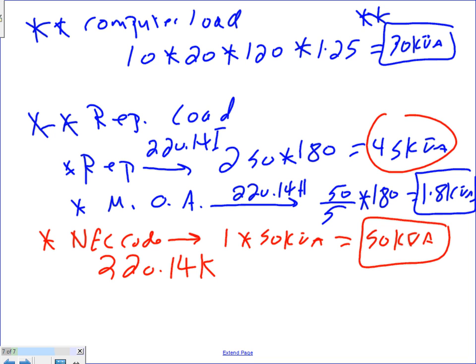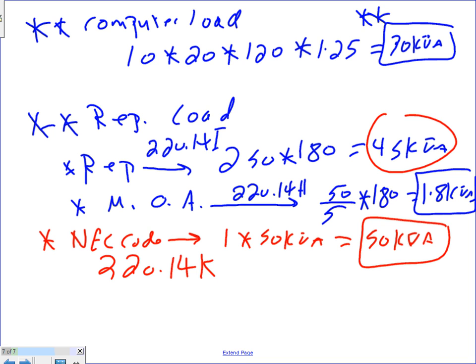If you look at 220.44, it says receptacle loads calculated in accordance with H, the multi-outlet assembly, and I, the receptacles, shall be derated.